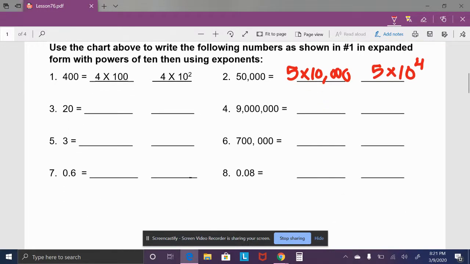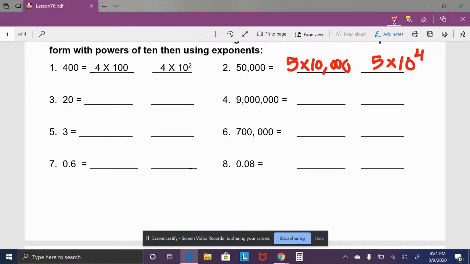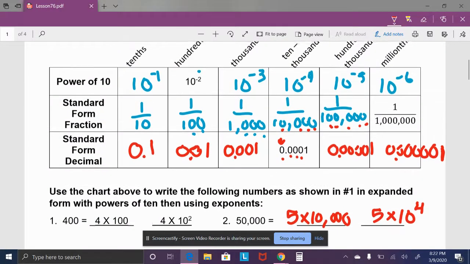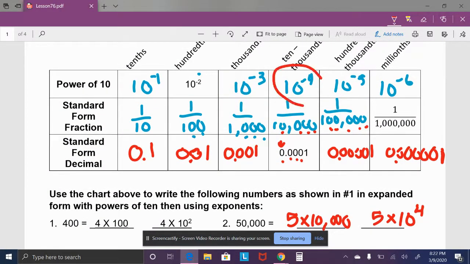Same thing goes with the decimal. I'm going to create one on the bottom, and you can figure out the rest on your own. Let's say 0.0007. So that is 7 times, how many zeros are there? 1 over, there's 4 zeros, so 1, 2, 3, 4, which is, if I look up here, 10 to the negative 4.